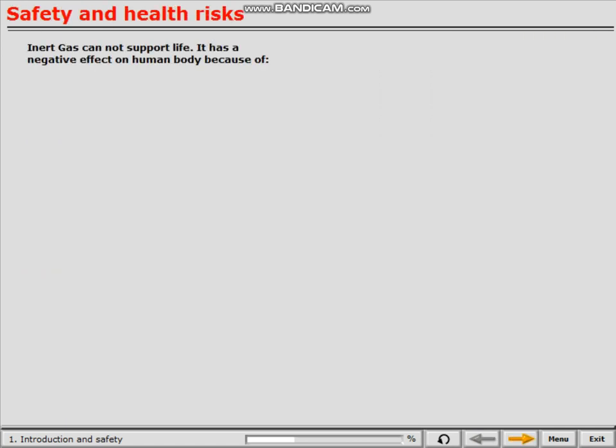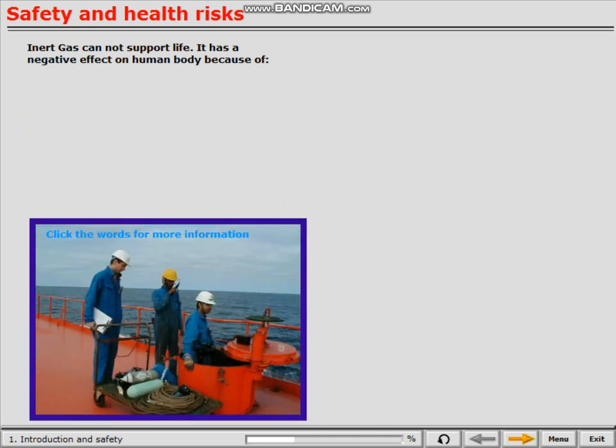Inert gas cannot support life. It has a negative effect on the human body because of oxygen deficiency, toxicity of hydrocarbon vapours, toxicity of flue gas. Click the words for more information.